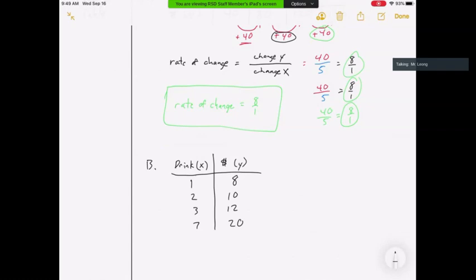Okay, so let's check the rate of change here. Let's try to find the rate of change. So again, change in y, okay? This one goes up by 2. And this one, from here to here, same points, goes up by 1. So my rate of change is 2 over 1.